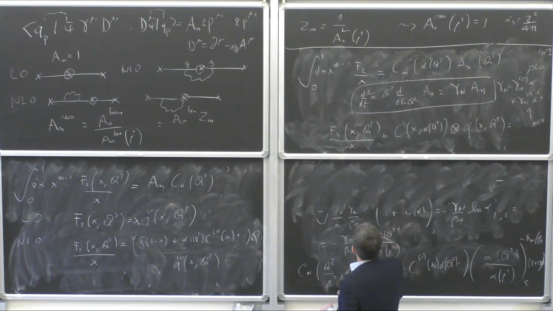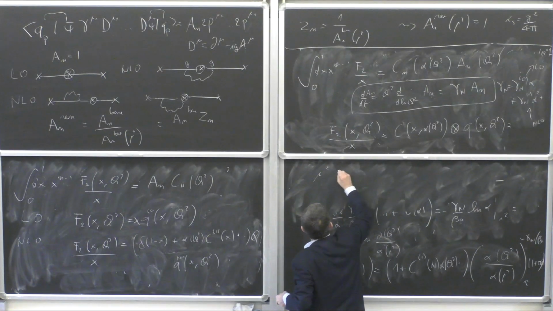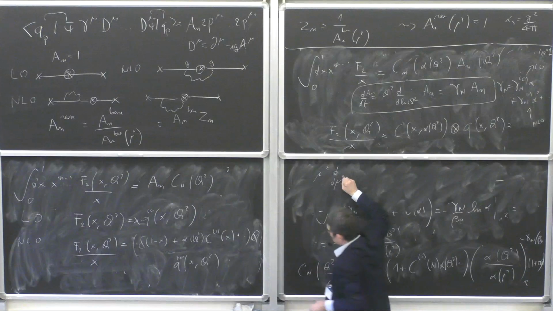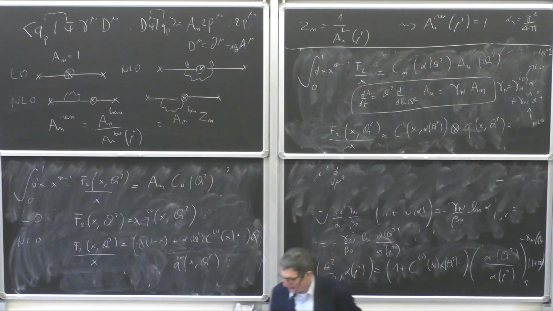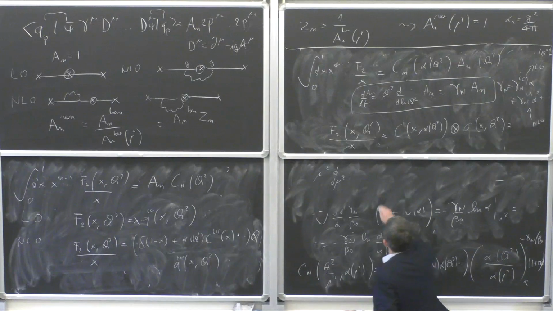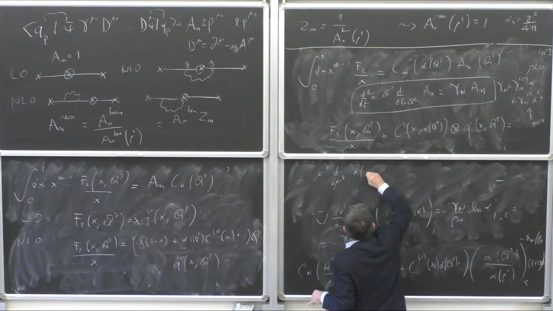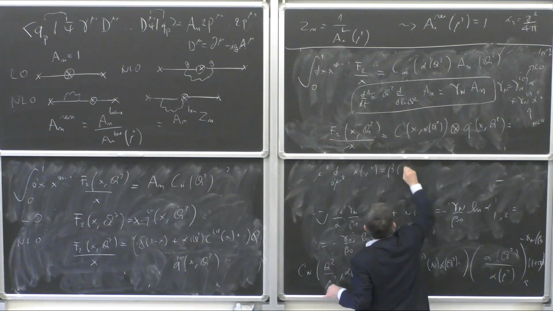If you remember the definition of the beta function, which was that mu square d by d mu square — I can spend 5 minutes on this because it is something I wanted to discuss anyway, so I can anticipate it. Mu square d by d mu square of alpha of mu square is equal to beta of alpha.